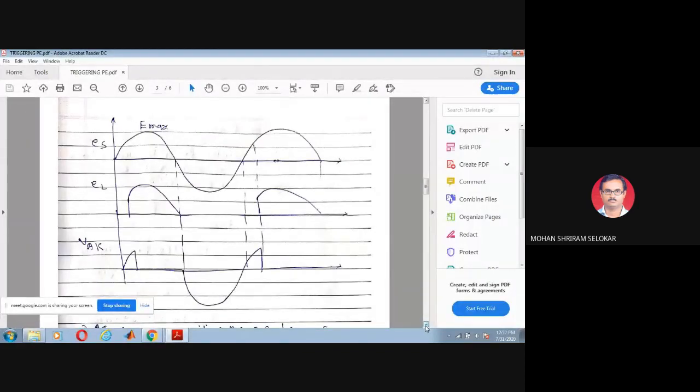Can you see the waveform on the screen? Draw this waveform.